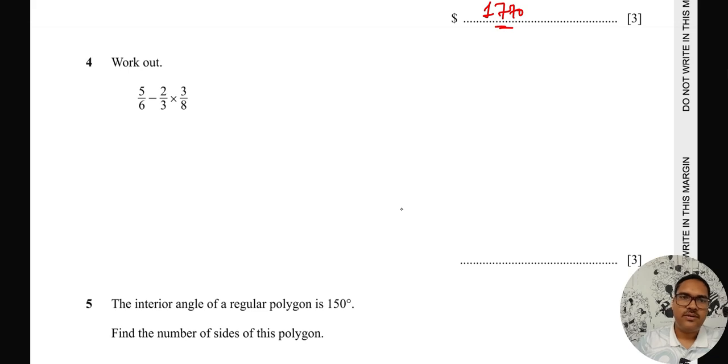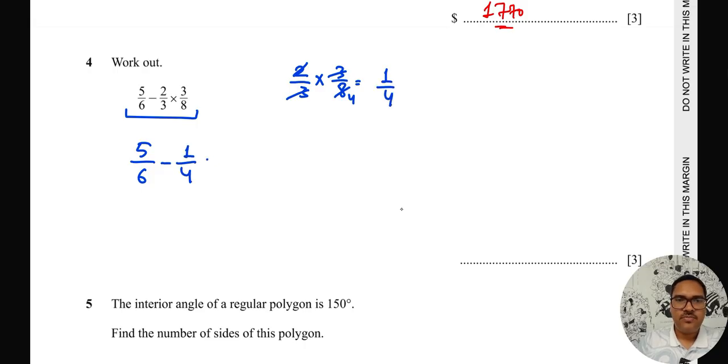Work out this. You can see this is a question on BODMAS plus fractions. Let me simplify 2 by 3 multiplied by 3 by 8. We can clearly see the 3 and 3 are cancelled, and 2 and 8 have a factor of 2, so this is 1 by 4, which is negative 1 by 4. Now to solve this, you can convert to the same base, that is like fractions.